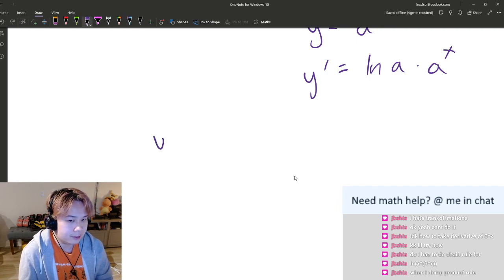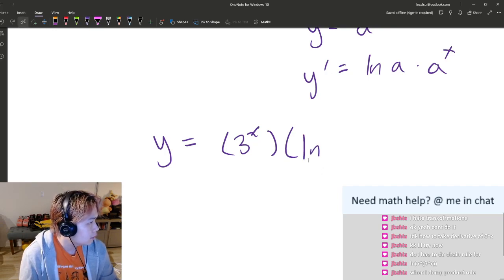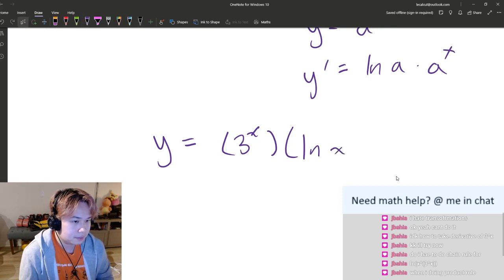So then what you're left with is 3 to the power x times natural log x. There's no chain rule needed for each one of these. You just use the product rule.